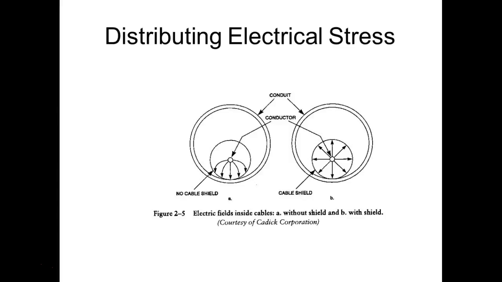So if I've got an insulator that's rated at 600 volts, that 600 volts is distributed equally around the insulator. The problem is, if I take that cable and flop it down on a piece of metal, then all my stress moves over to that side.